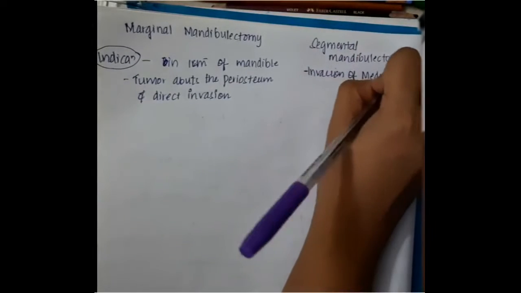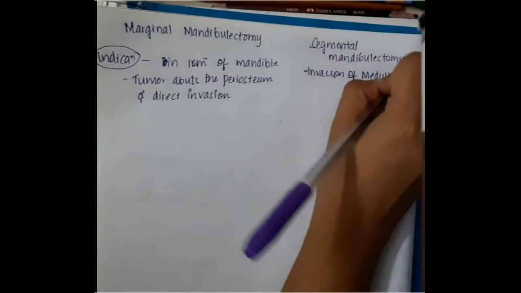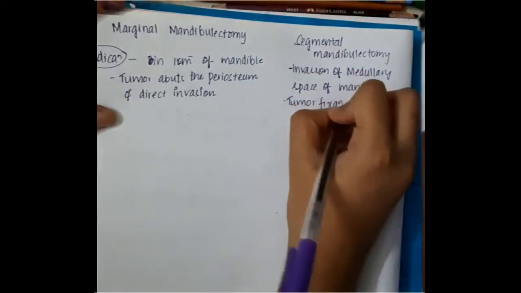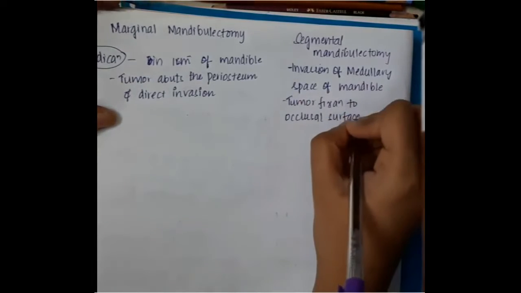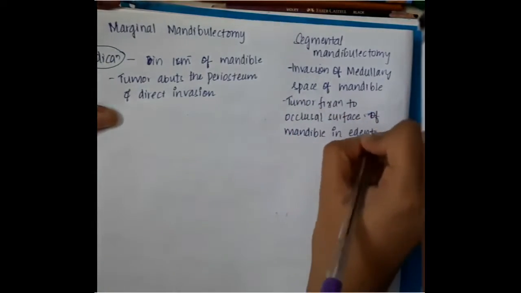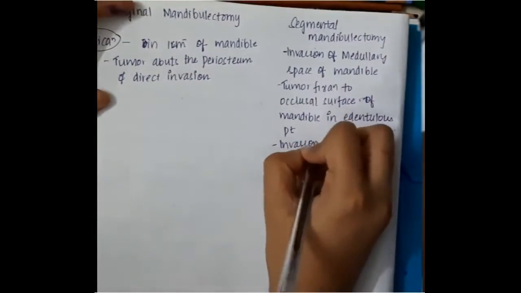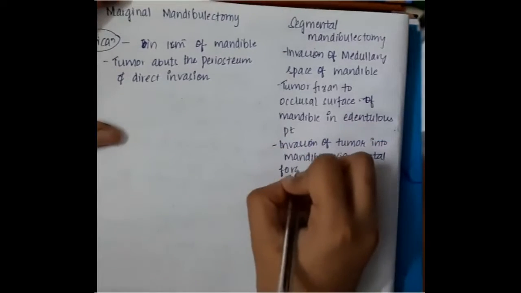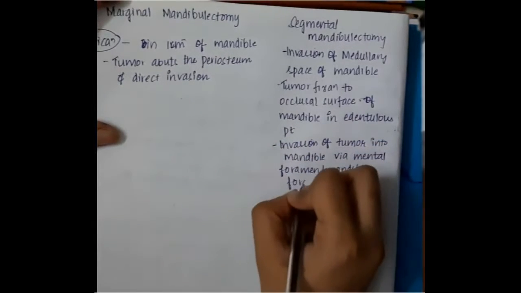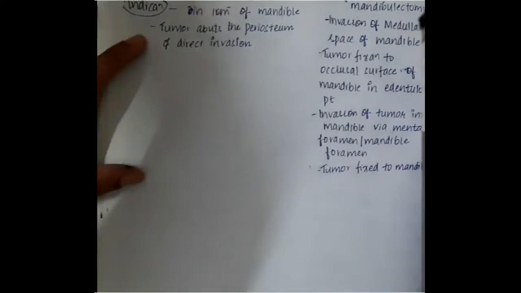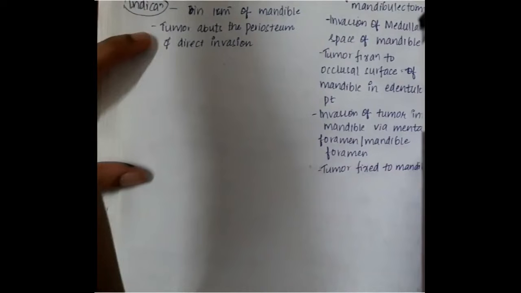Segmental mandibulectomy is done if there is invasion of the medullary space of the mandible, or tumor fixation to the occlusal surface of the mandible in an edentulous patient, or invasion of tumor into the mandible via the mental foramen or mandibular foramen, or if the tumor is fixed to the mandible. In any case, if the tumor goes deep into the mandible, then we have to do segmental mandibulectomy.